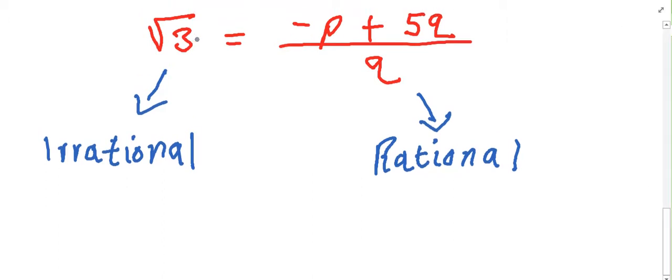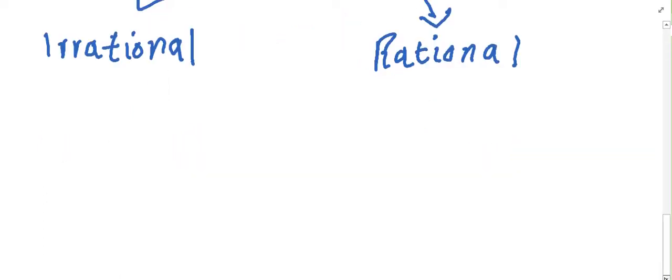Square root 3, from the statement, is irrational, and this guy, since it's a fraction, it means that it is rational.